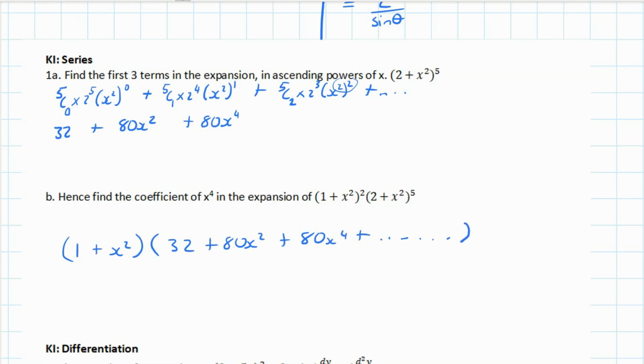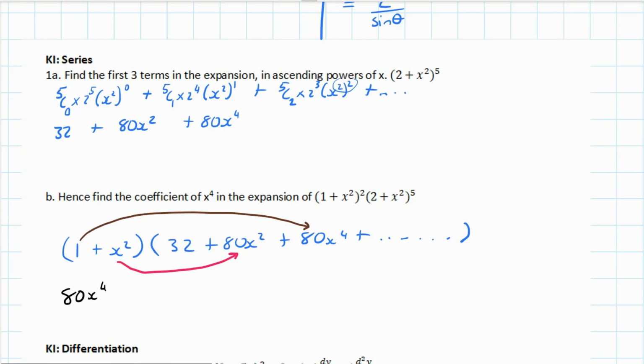So, we're trying to make x to the power of 4 terms in this expansion. You can see straight away, if I times this by this, that's going to give me an x to the power of 4 term. But there's also another way that I can get an x to the power of 4 term, and that's if I times this one by this one. So you can see that there are two ways of getting x to the power of 4. The brown way there would be 80x to the power of 4.